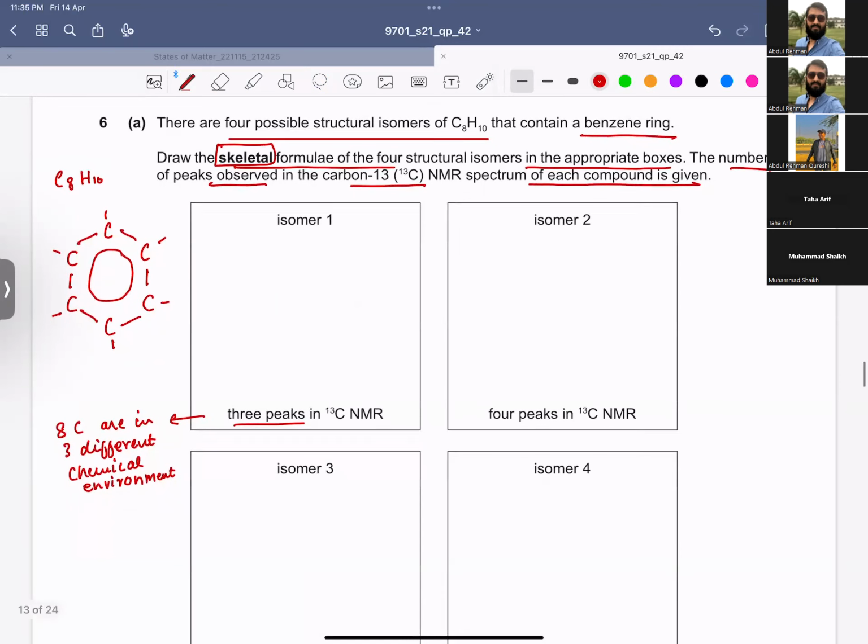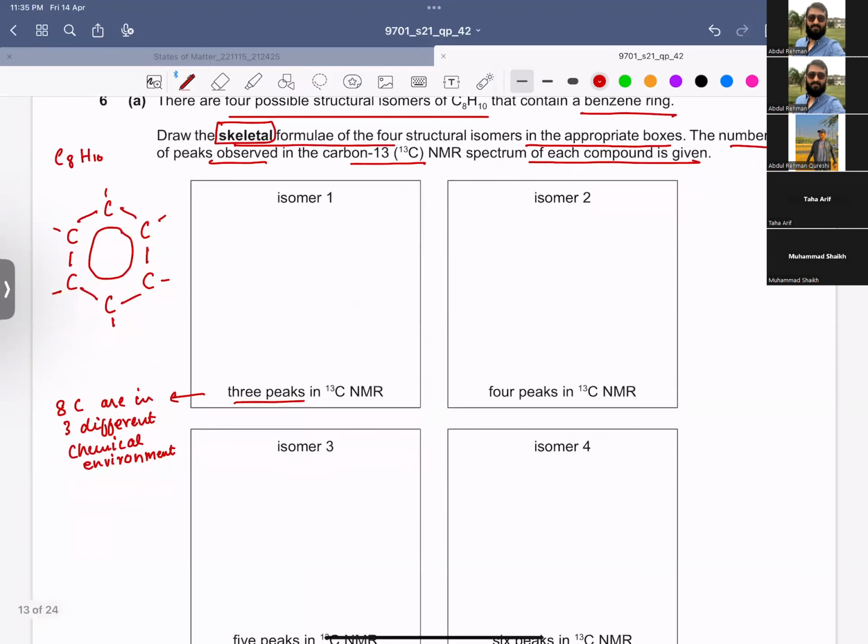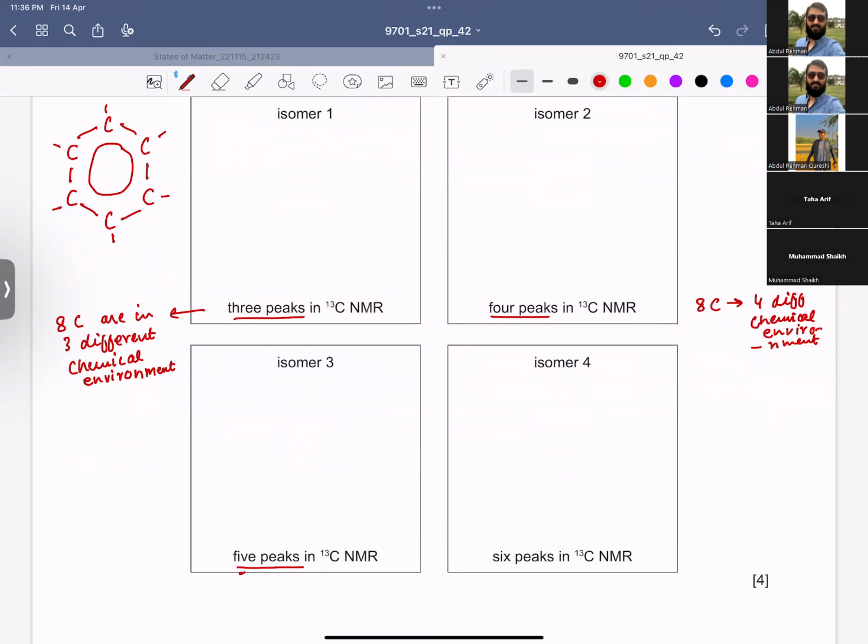If you look at these 4 isomers, here there are 4 peaks, which means 8 carbons having 4 different chemical environments. In the same way, 5 peaks mean 8 carbons, but 5 different environments.